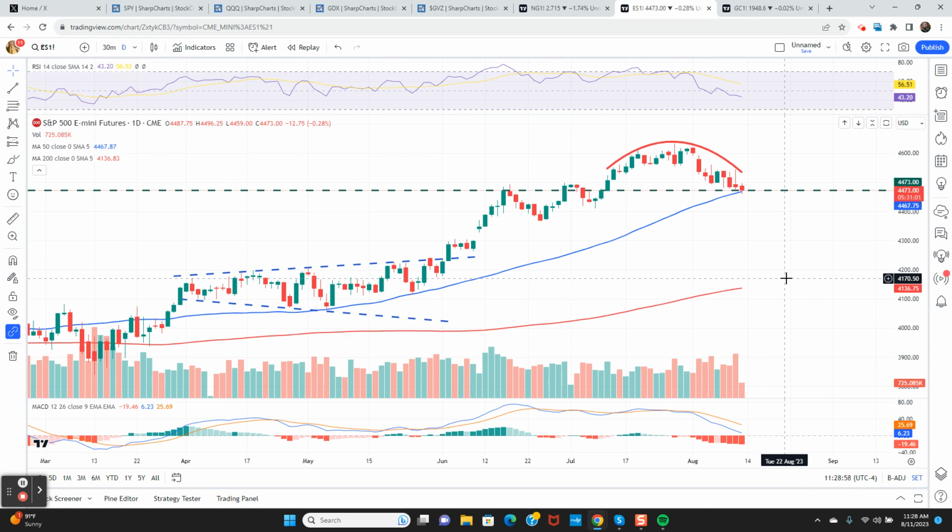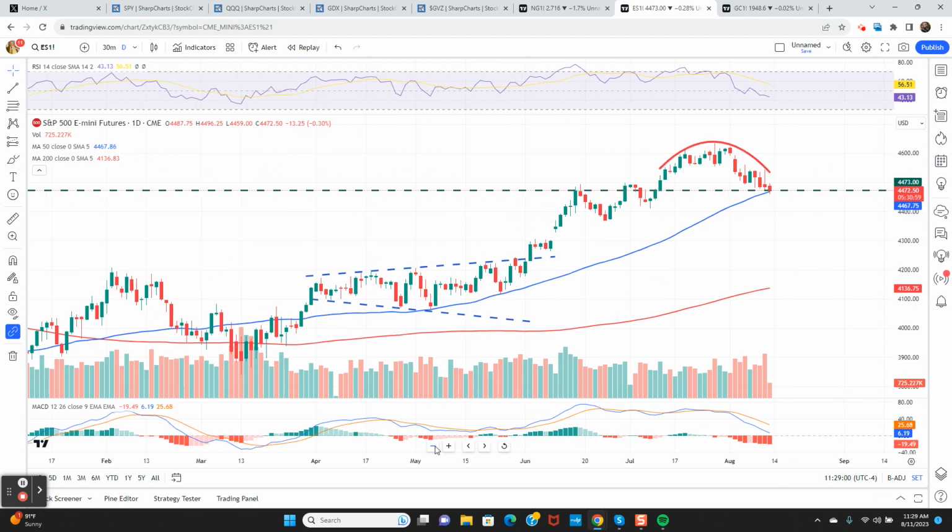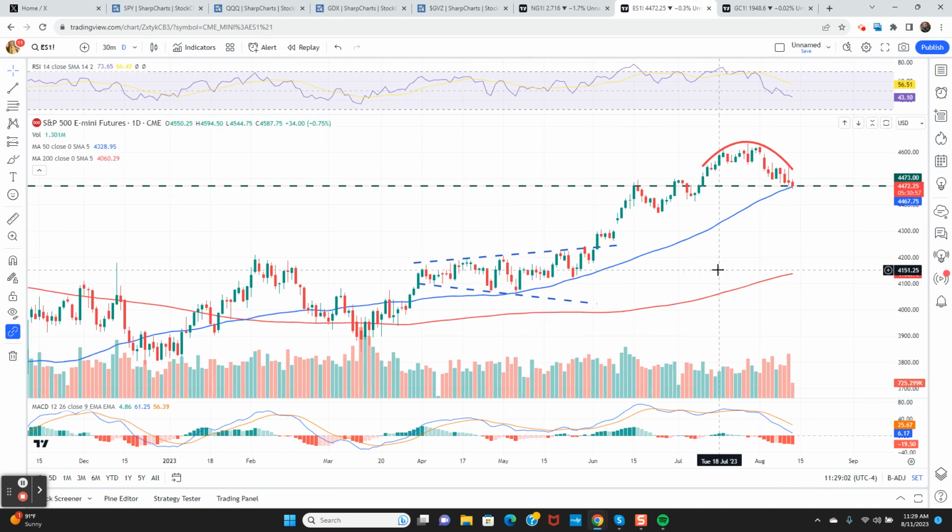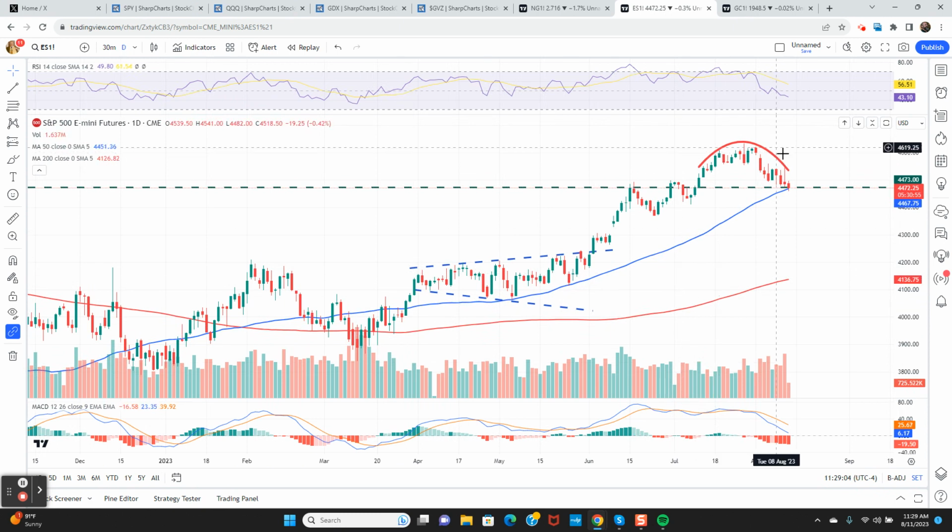On the daily chart, I try to keep my charts as clean as possible. I've just drawn this little rounding top, this little bit of an ellipse, showing the action over the last month.